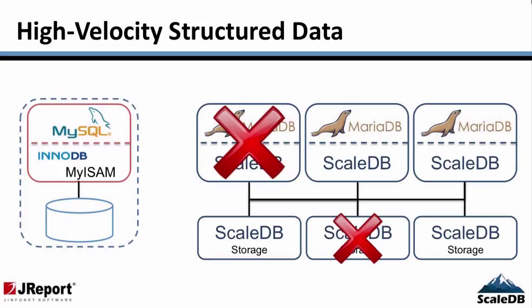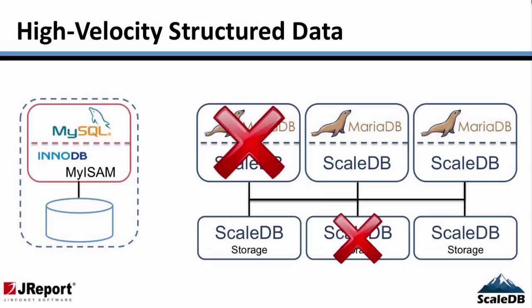Now, what we're able to do is as we ingest the high-velocity data, we spread that across the storage nodes, and then as queries come into the database, we push those down to the storage nodes where they're processed in parallel, giving us extremely high inserts and also very high query performance.